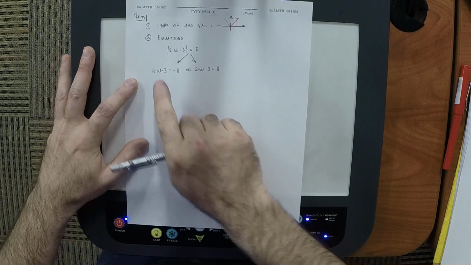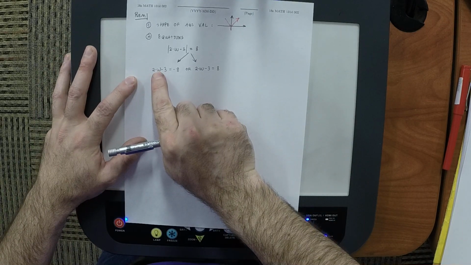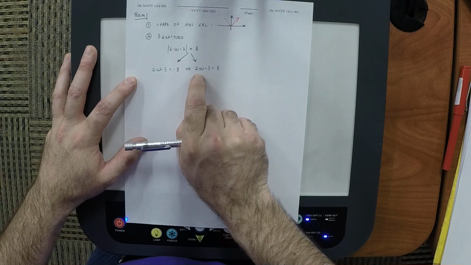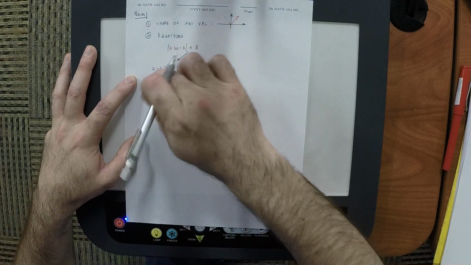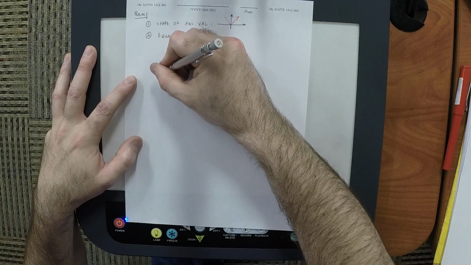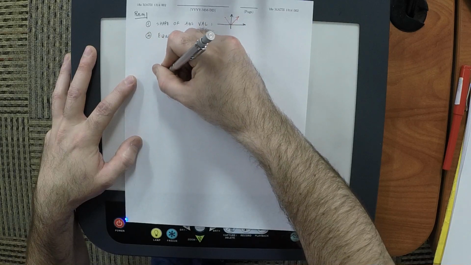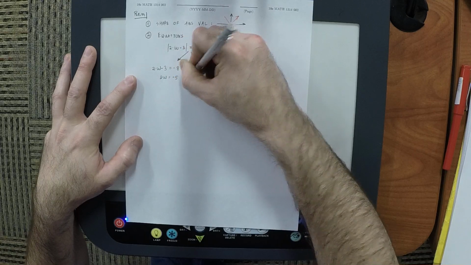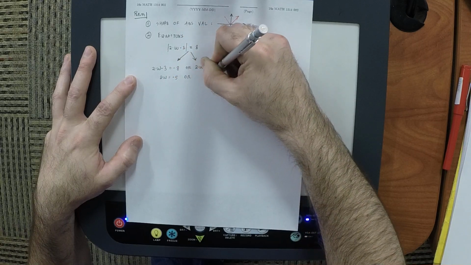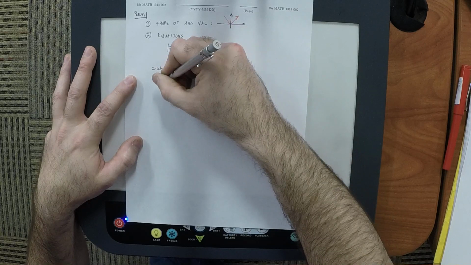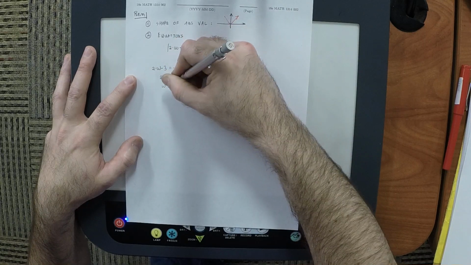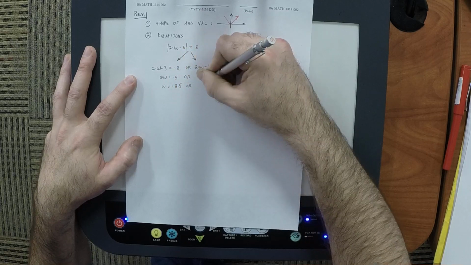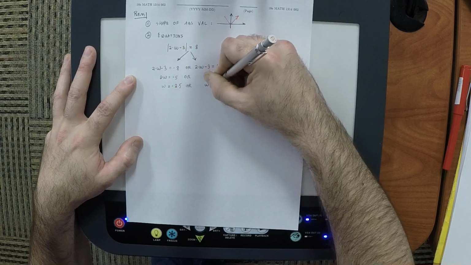That is to say, the input to the absolute value could be negative 8, or the input could be 8. Then these two equations are straightforward, so I'll just race through them. 2w is negative 5, or 2w is 11. So w is negative 2.5, or w is 5.5.